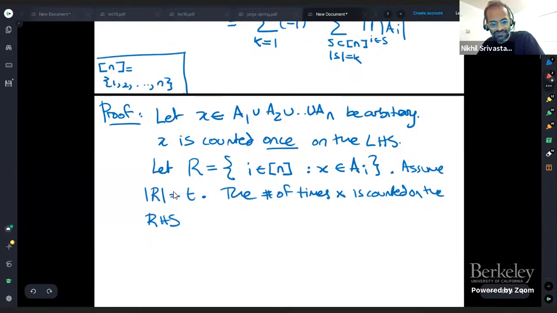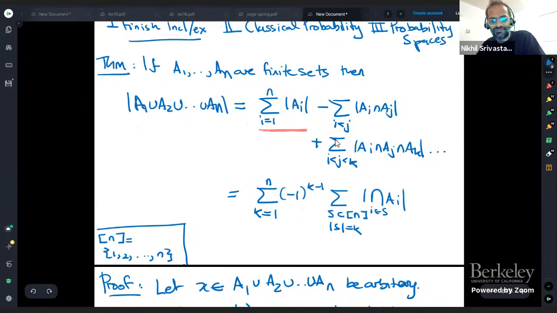So this number is T, but now it's also counted in these negative terms here, corresponding to pairs of subsets. This is a little trickier. So how many times is it going to be counted negatively in these pairs of subsets?